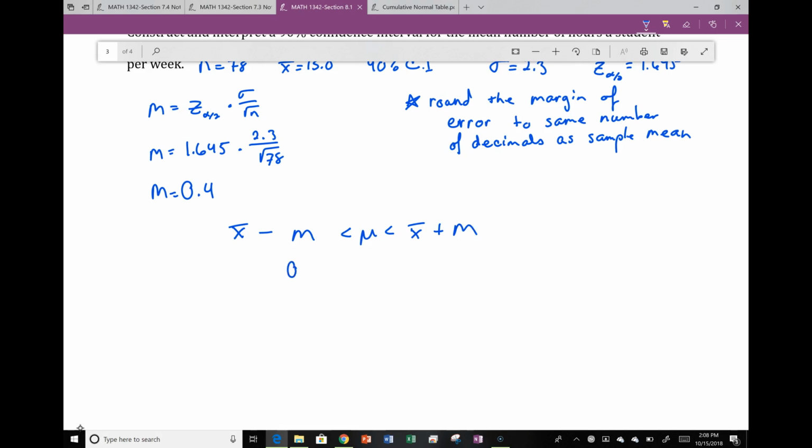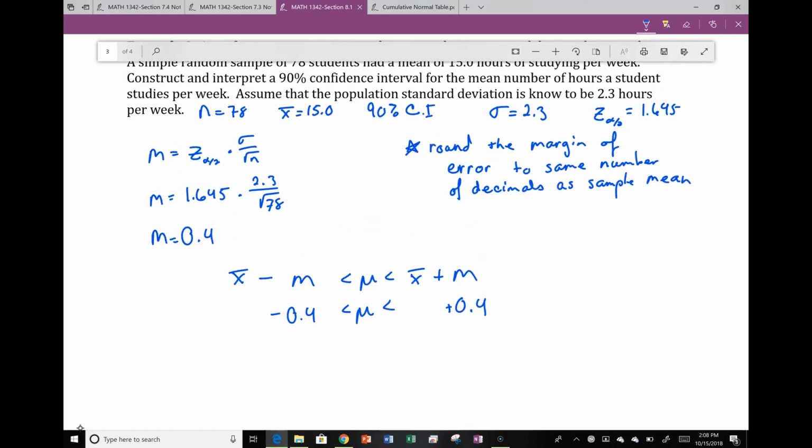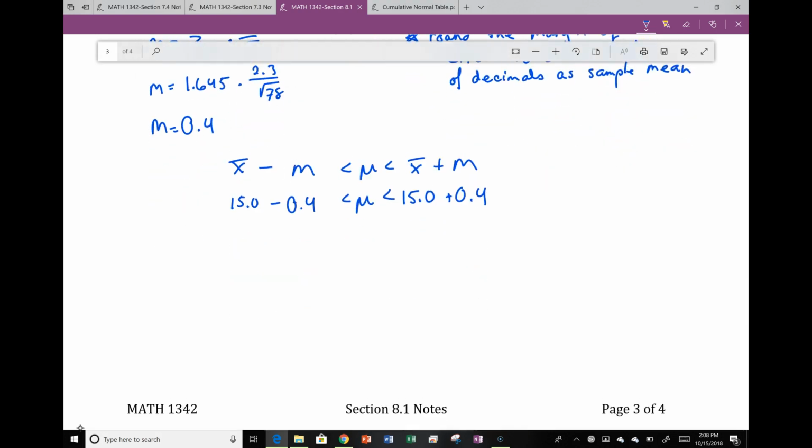So our margin of error is 0.4, and we're going to subtract that from our sample mean of 15.0. And then we're going to add that to our sample mean of 15.0. If I take 15.0 minus 0.4, that's going to give me 14.6. And when I add it, it's going to give me 15.4.